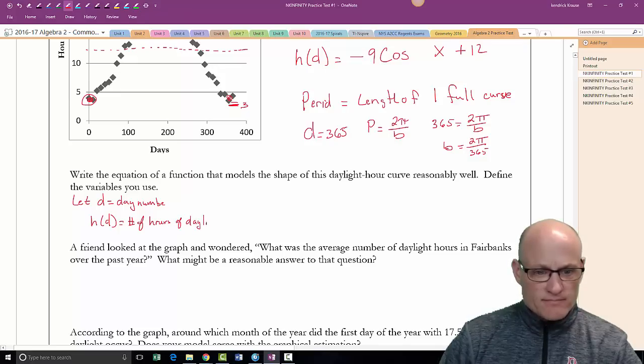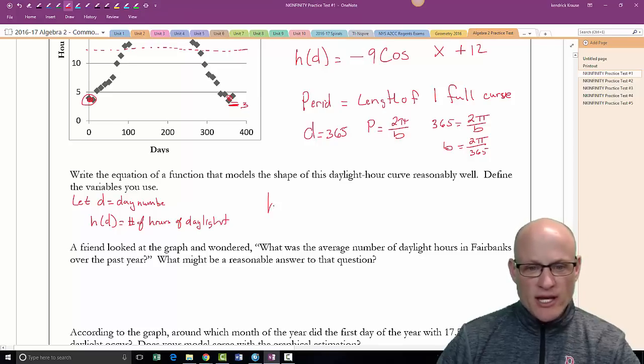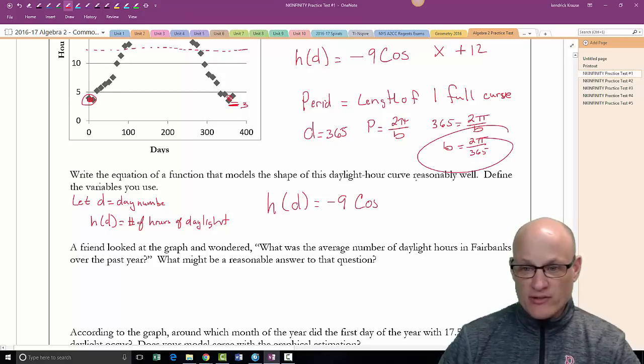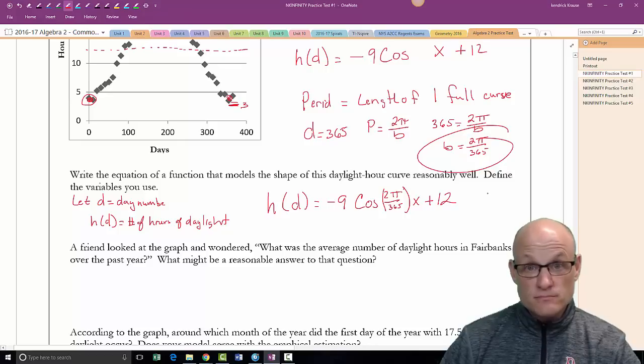Let's call it daylight. So write an equation using the function. So here's my equation. h of d is equal to -9 cosine. My b value, because that's what goes in front of x, is 2 pi over 365 x plus 12. Okay, there it is.